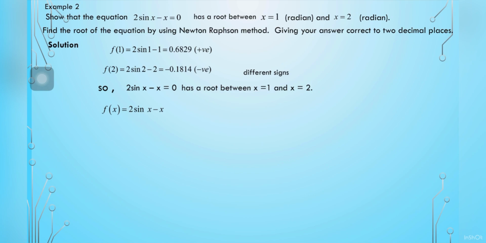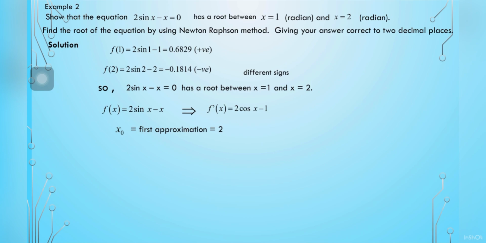For the function f(x) = 2 sin x - x, we differentiate it. So we have f'(x) = 2 cos x - 1. Now for the first approximation value or x0, you can take any value from 1 until 2 for the first approximation.